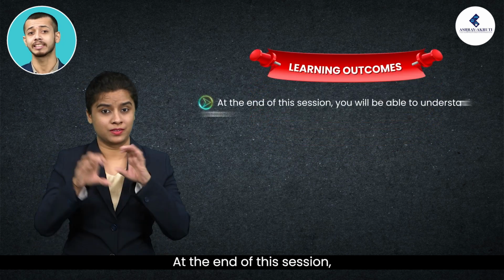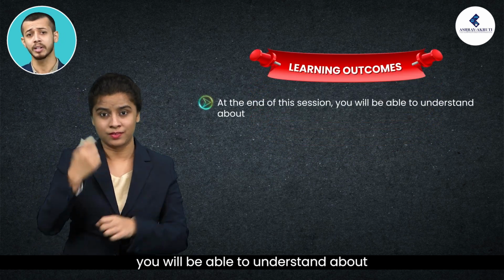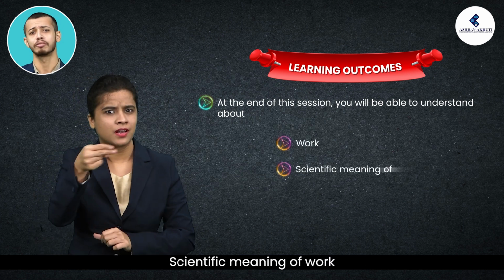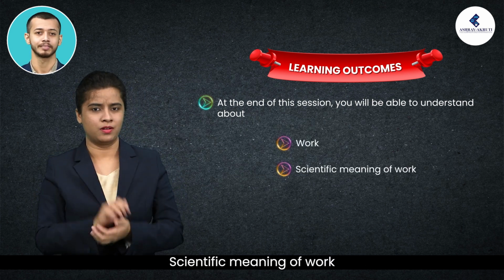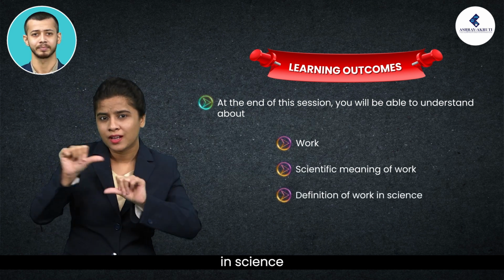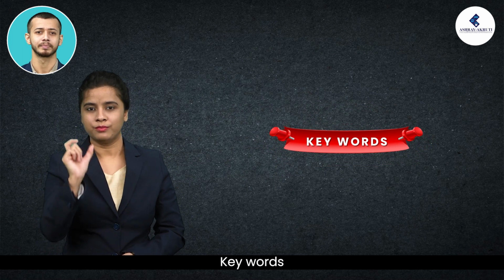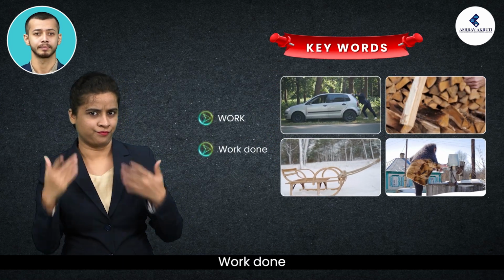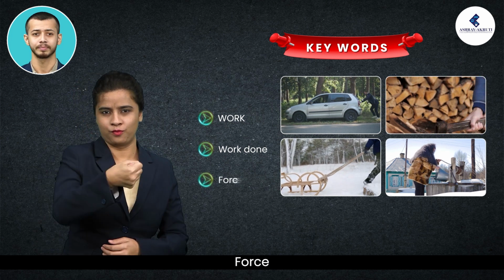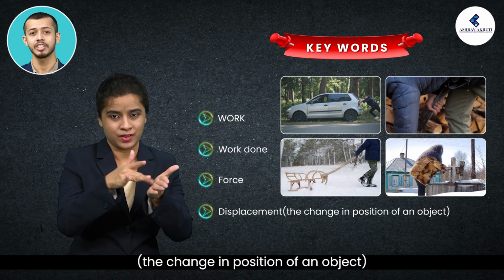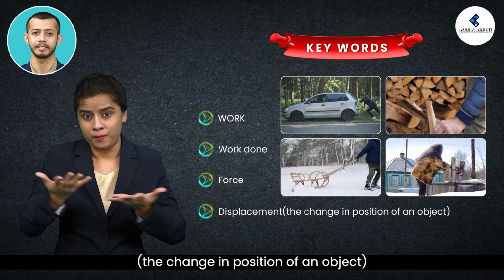At the end of this session, you will be able to understand about work, the scientific meaning of work, and the definition of work in science. Keywords: work, work done, force, displacement, the change in position of an object.